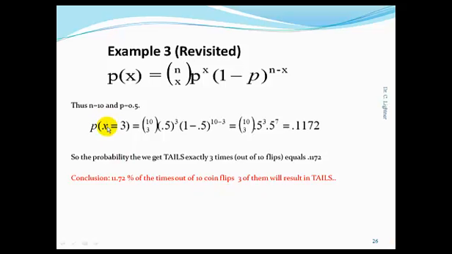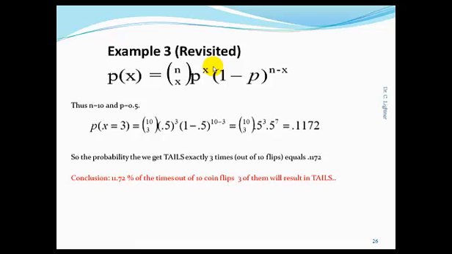For this example, we are trying to find the probability of having x equals 3 successes, or the probability of getting tails on x equals 3 trials. In order to do this, we must use our binomial formula and plug in our parameters.